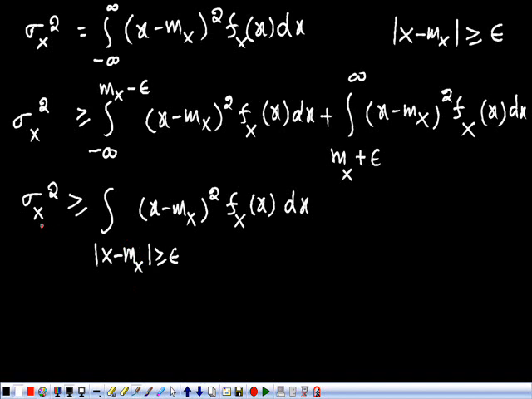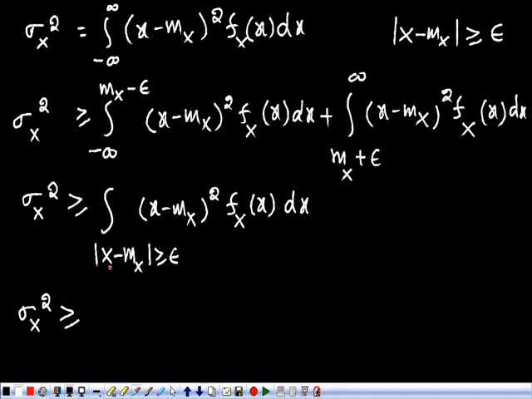So therefore, I can write the sigma x square, that is the variance of the random variable, is greater than or equivalent to this. From this, sigma x square is greater than or equivalent to, see, we are letting this x minus mx is equivalent to epsilon, is it, in that interval, because we are including mx minus epsilon and mx plus epsilon.